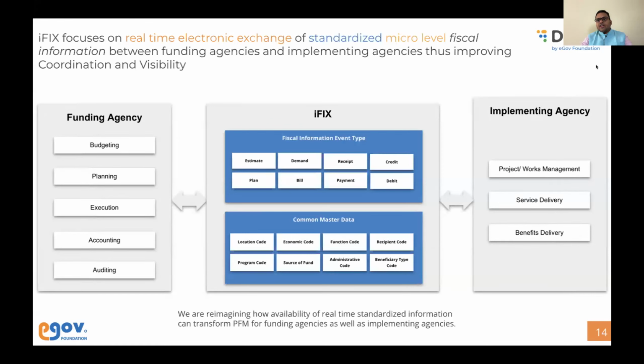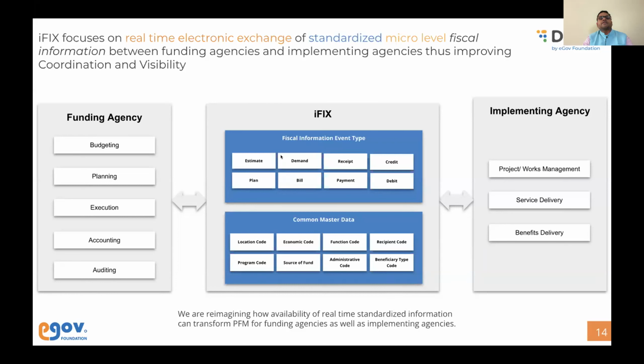So how do we then introduce the concept of standards here? We see the set of information being exchanged as a series of fiscal events. When we say fiscal events, we have about 8 fiscal events defined currently. So I'll just go into definitions for a brief moment, not for all, but just to give you an idea. For example, we see demand.